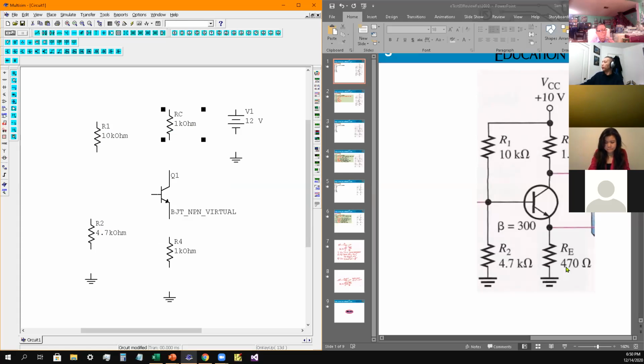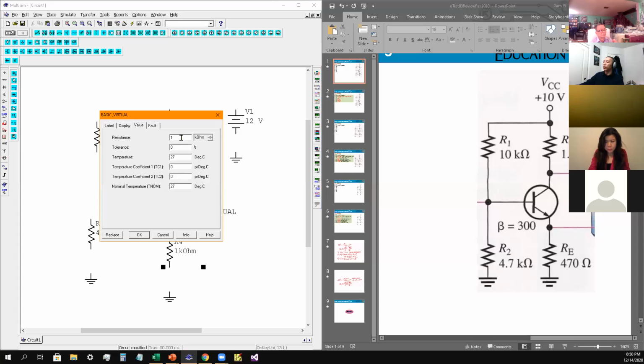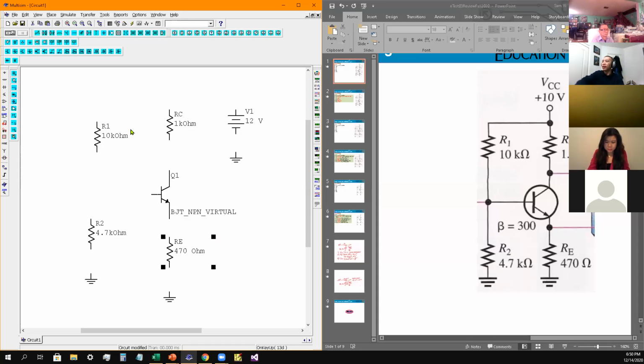Same thing with this one here: RE is going to be 470 ohm. So double click on this one, type in 470, and change the unit down to ohm. Then we change the label to RE and click OK.